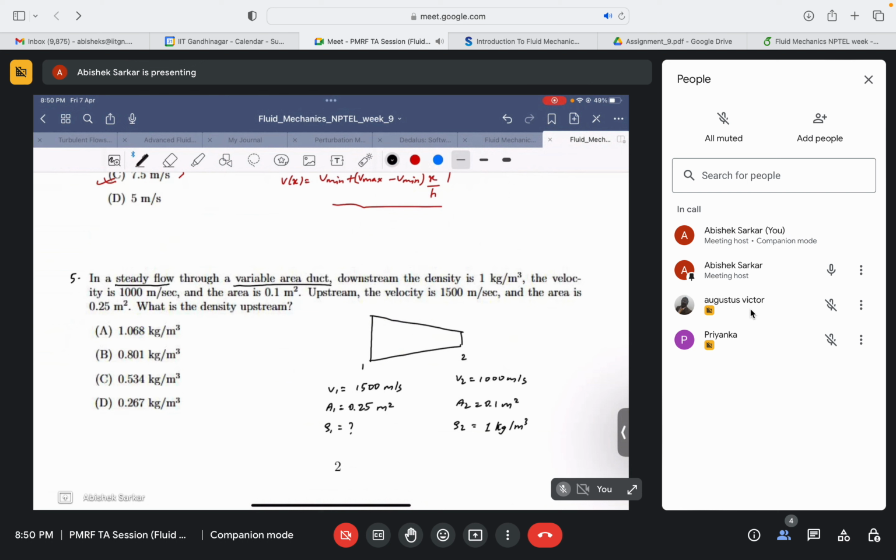And it is told it is steady flow, we need to find out rho 1. I guess it's the simplest question of today's problem solving session. So please tell me the value of rho 1. It's very simple.